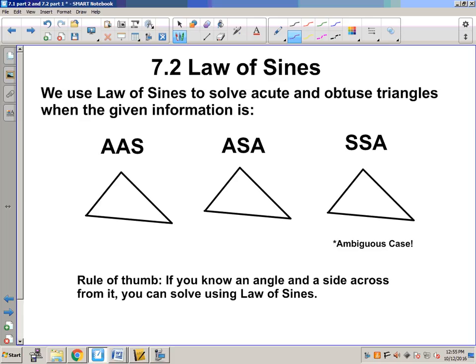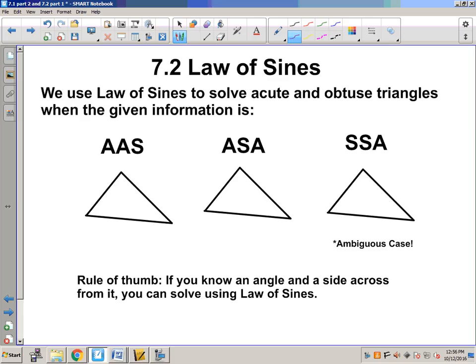SOHCAHTOA and the Pythagorean theorem are great tools, but those are kind of geometry level tools. I'm in pre-calc now, so we're going to graduate to some tougher tools. Not more difficult, but tougher. The problem with SOHCAHTOA and the Pythagorean theorem is that they only work with right triangles.